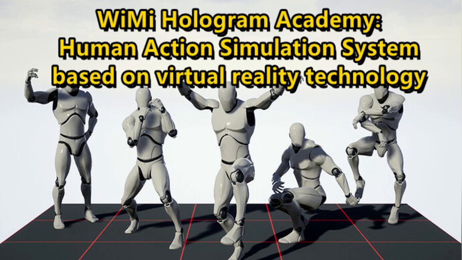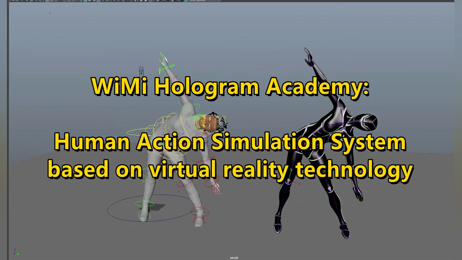This paper studies the simulation system of motion training based on virtual reality technology. Virtual reality technologies include computer networks, multimedia sensing, and digital graphics and images, with the functional characteristics of immersion and interaction, to realize the simulation of human body characteristics and immerse users in a virtual environment.